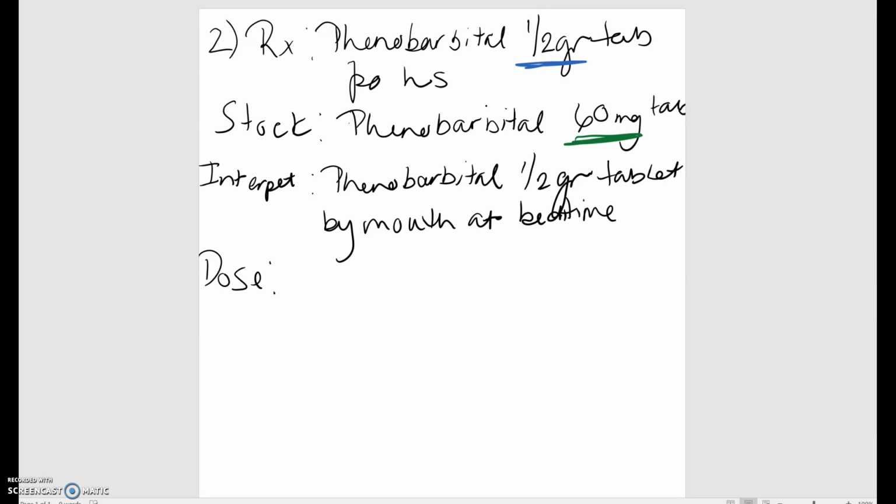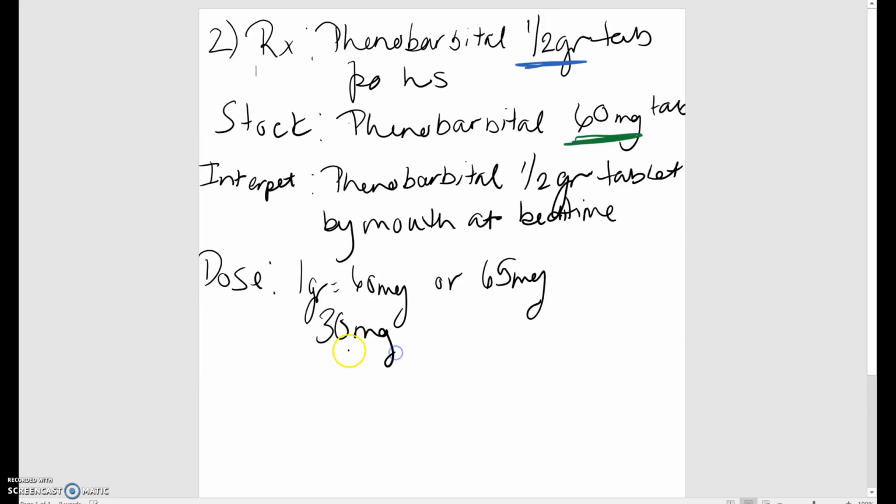You already know that 1 grain equals either 60 milligrams or 65 milligrams, depending on the manufacturer. Well, the stock medication uses 60 milligrams, which means they use the conversion of 1 grain equals 60 milligrams, so the dose ordered is half of that 60. Your dose ordered is 30 milligrams.